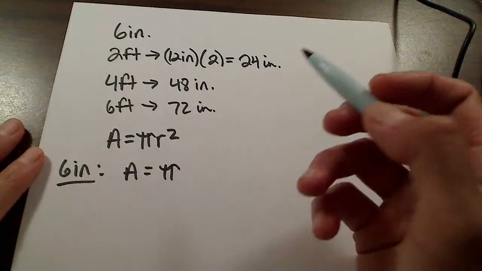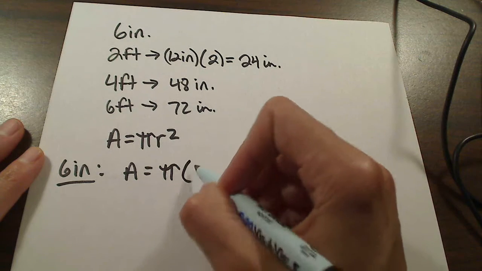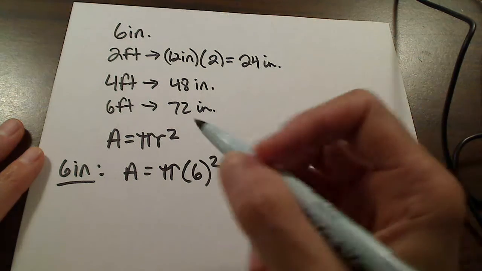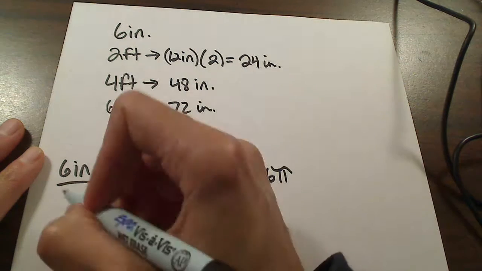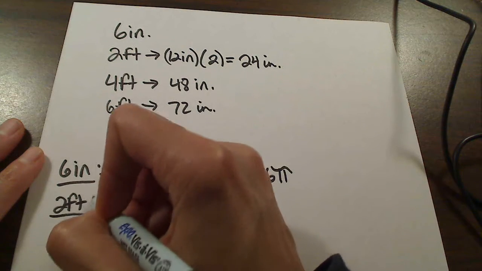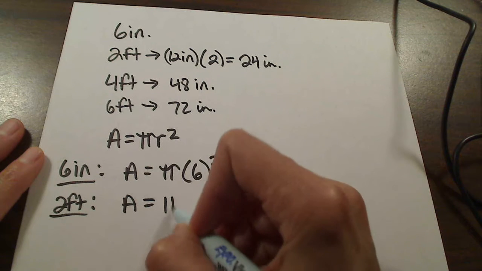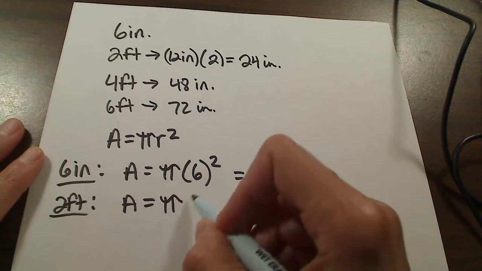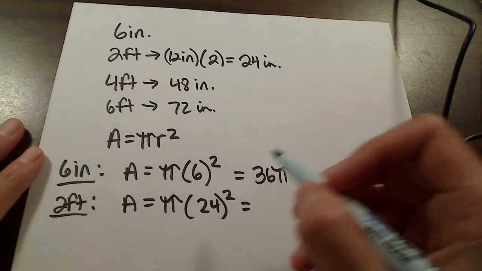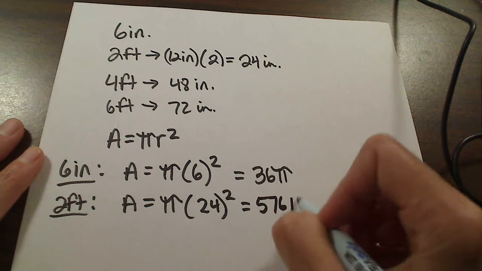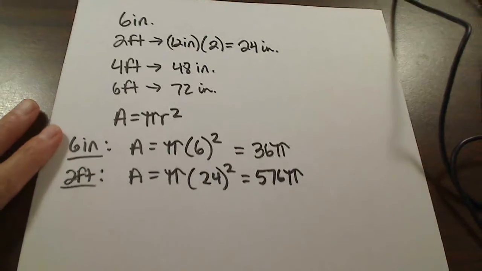So this is actually 36 pi. And for the 2 feet, the area is pi times 24 squared. When you take 24 and square it, you get 576 pi.